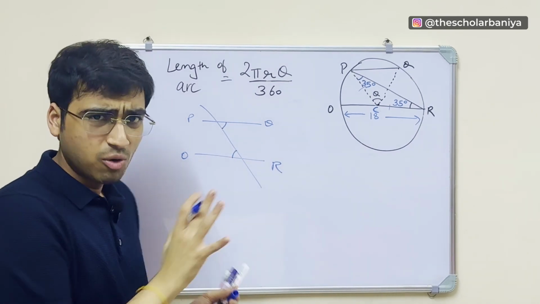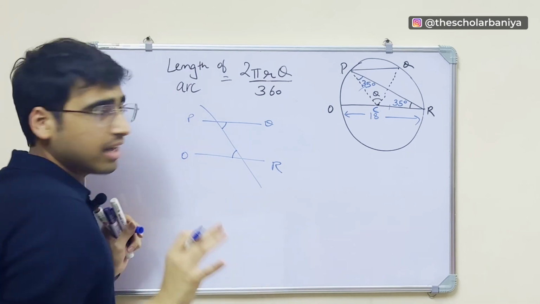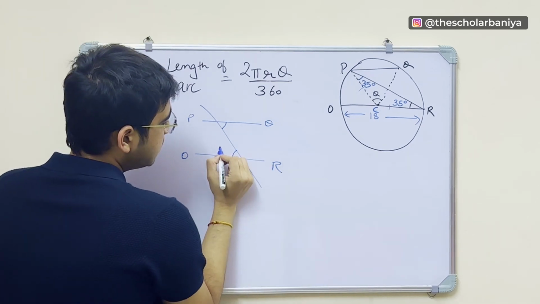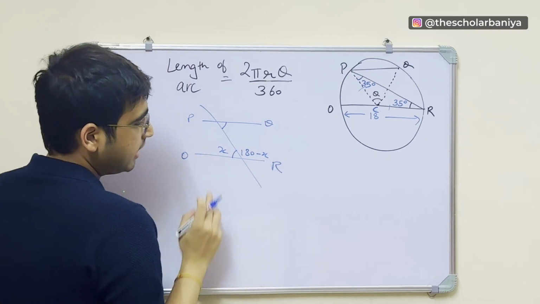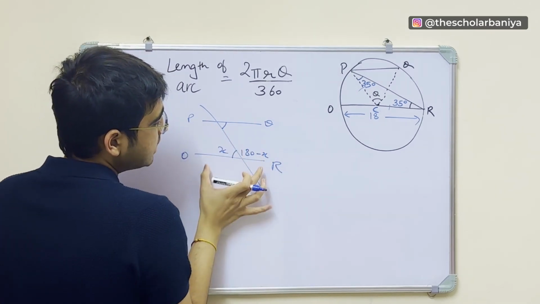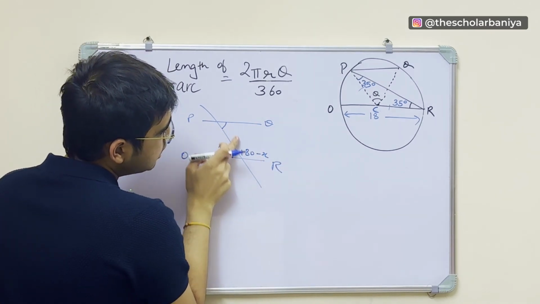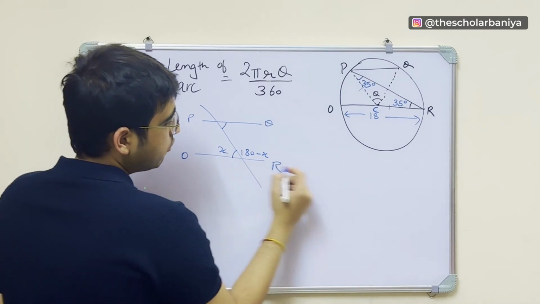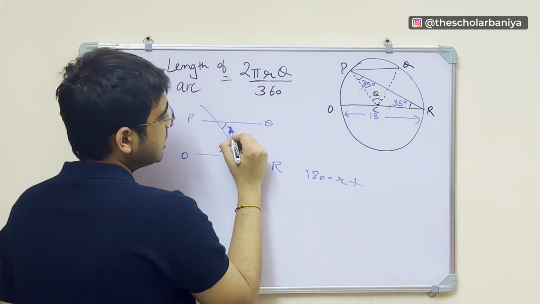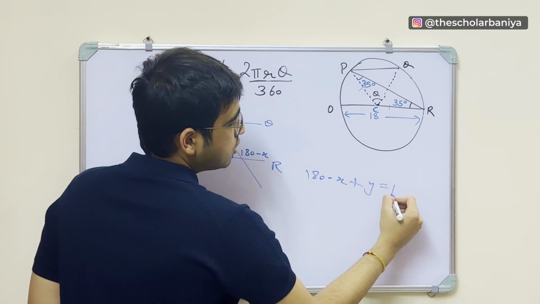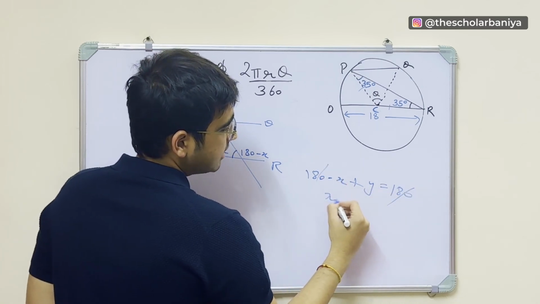I hope all this is very basic. I'll tell you how. For example, if this is x, this will be 180 minus x, because when these two lines are parallel, the sum of these two is always 180. So 180 minus x plus, let's suppose this is y, is equal to 180. So basically x equals y.